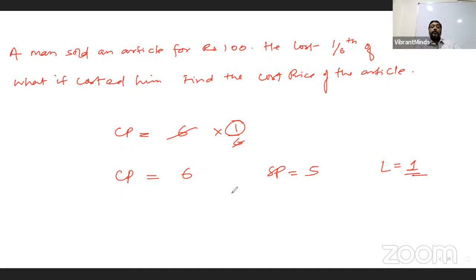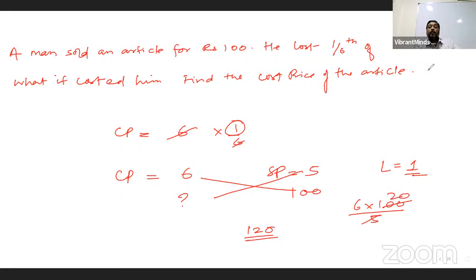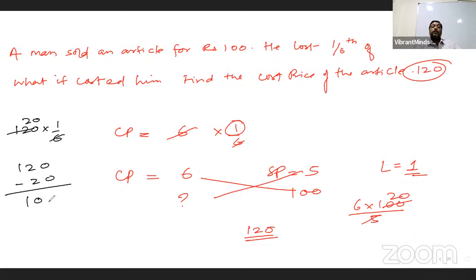But here selling price is 100. So cross multiply: 6 into 100 by 5, and that means 120. Now see, if 120 is the cost price, 1/6 of this is 20. And if somebody loses 20 rupees, his selling price will be 100, and that justifies it. Is it clear, people?